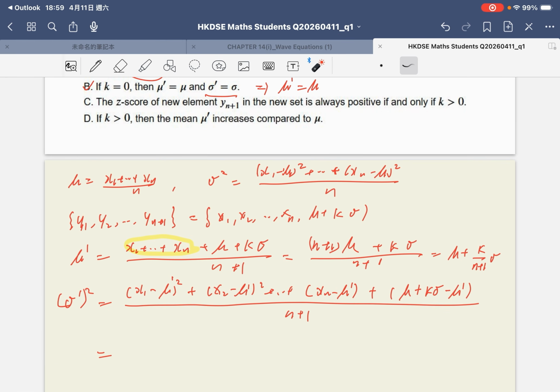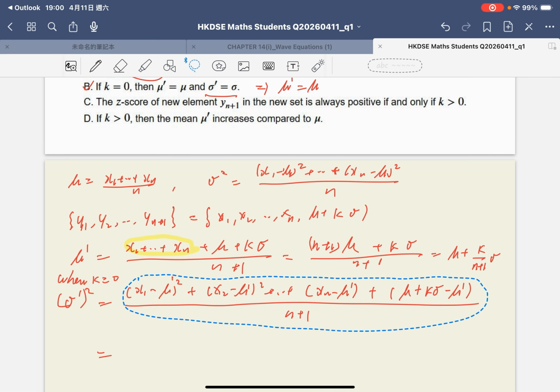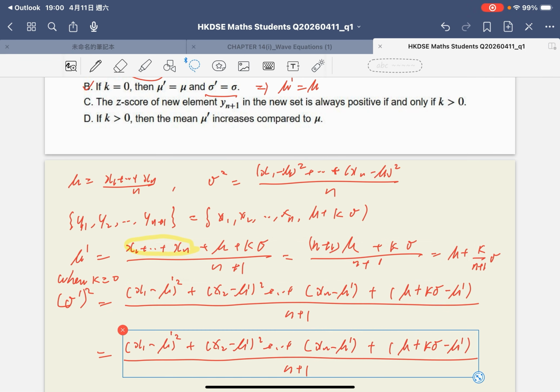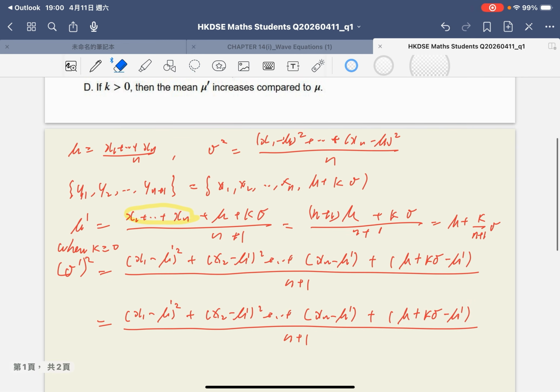Because in this case, when k equals 0, the last element should be equal to mu, and mu pi is equal to mu, so we can change this to mu.